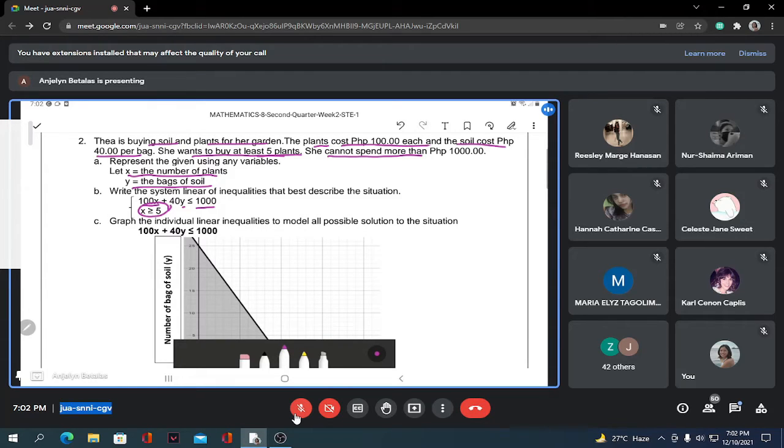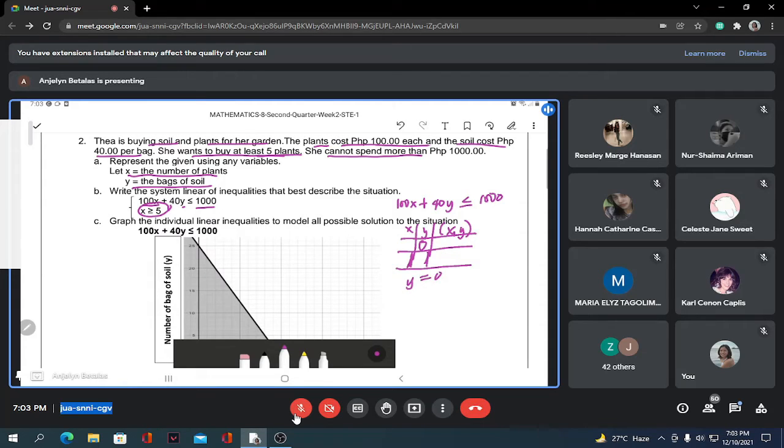First, 100x plus 40y less than or equal to 1,000. Let's get the x-intercept, so y is 0.